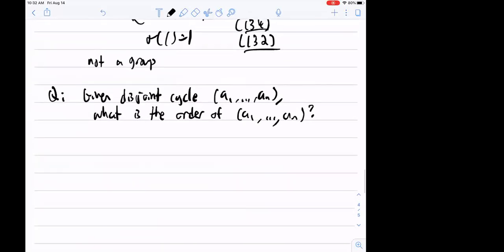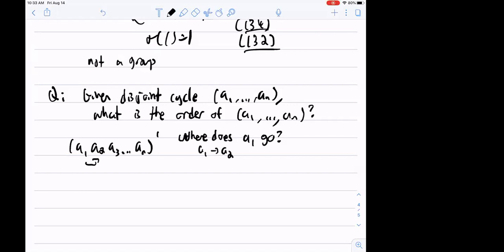But let me ask you, what does A1, A2 do? Where does A1 go under the first power, right? A1 goes to A2, right?